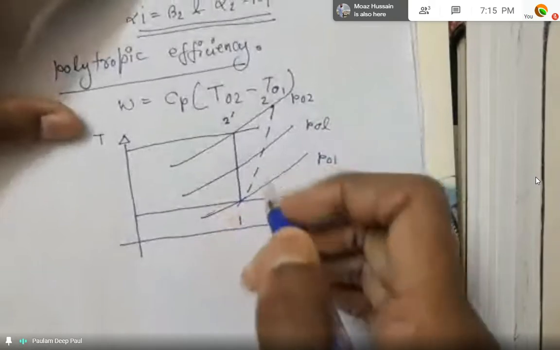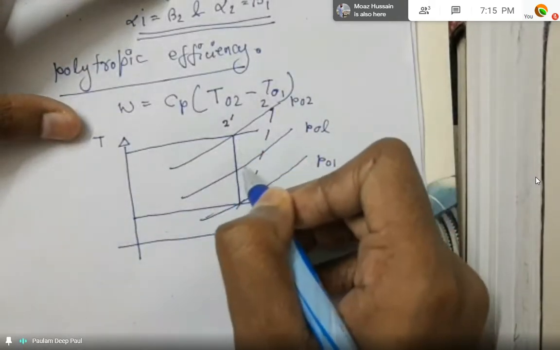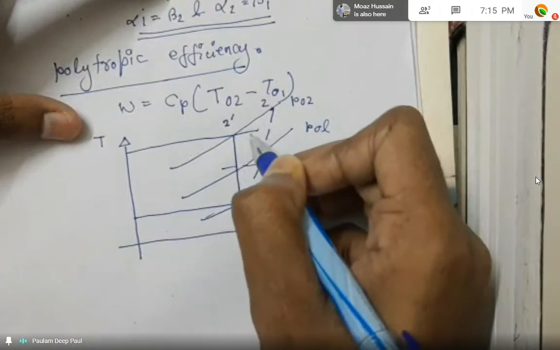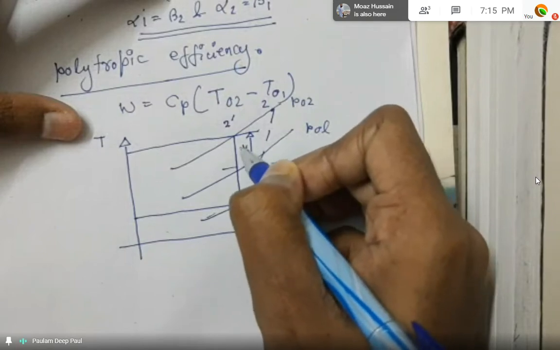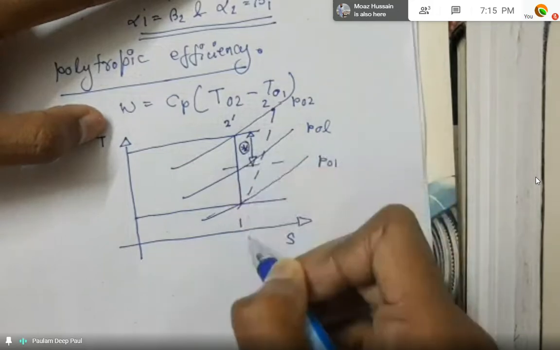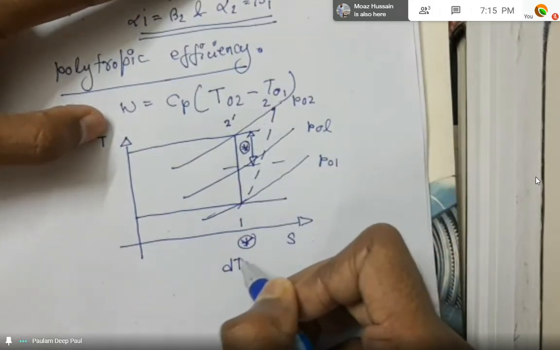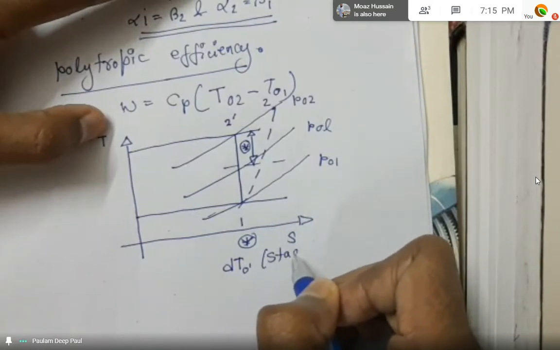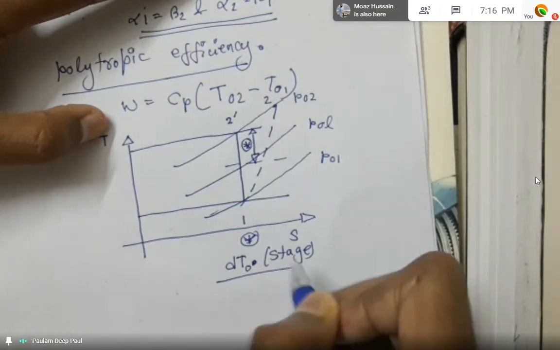For each stage, to define the temperature increment, you can take any stage, like 1 or 2, and mark it like this. I'm not going to congest the diagram here, so I'm referring to this as dT stage.